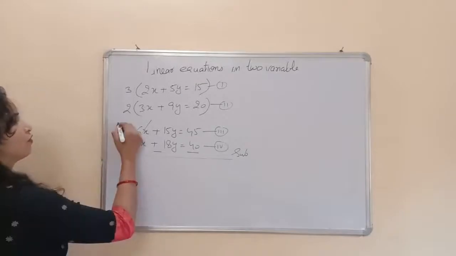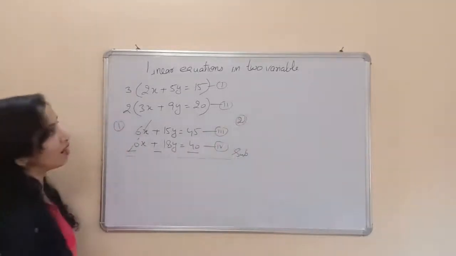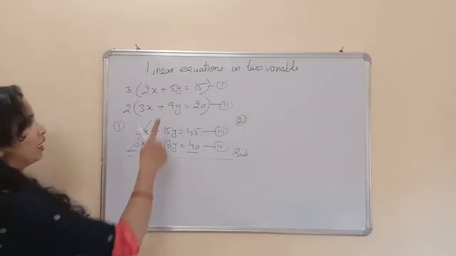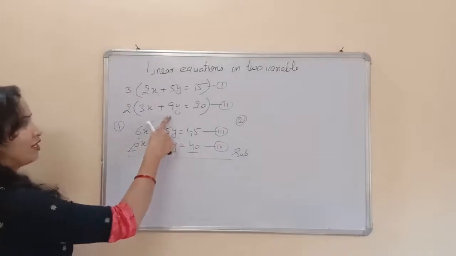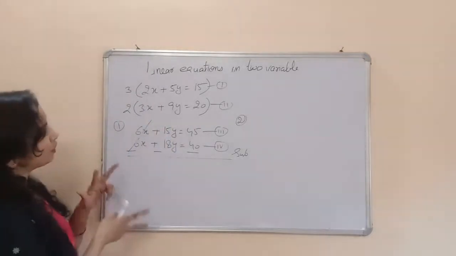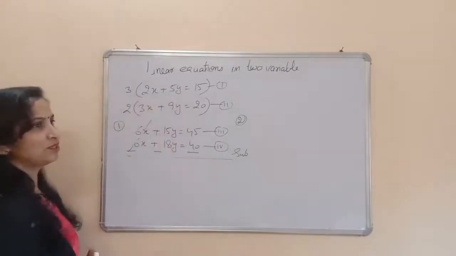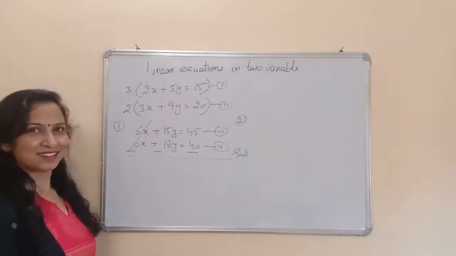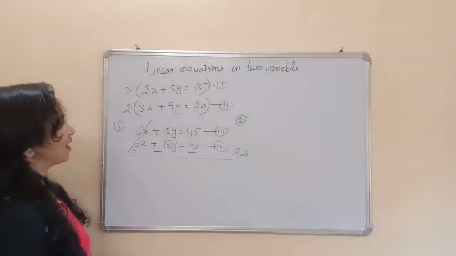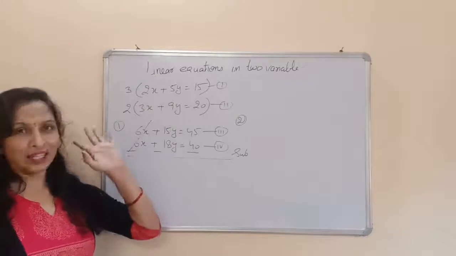So this is one of the methods. If you want to make the y equal, what will you do? Here in the first equation y has 5 as a constant, in the second one 9. If you want to make them equal, you have to multiply this equation by 9.